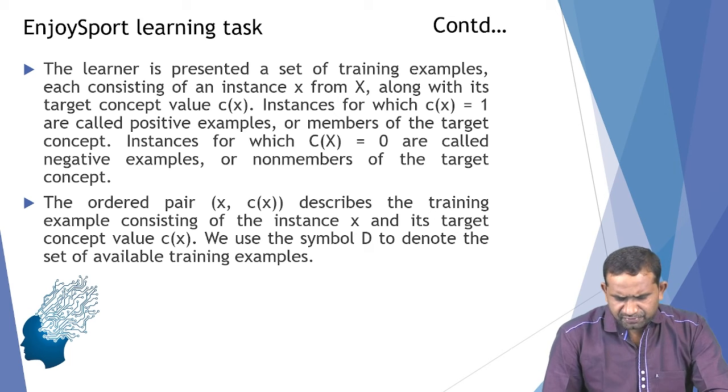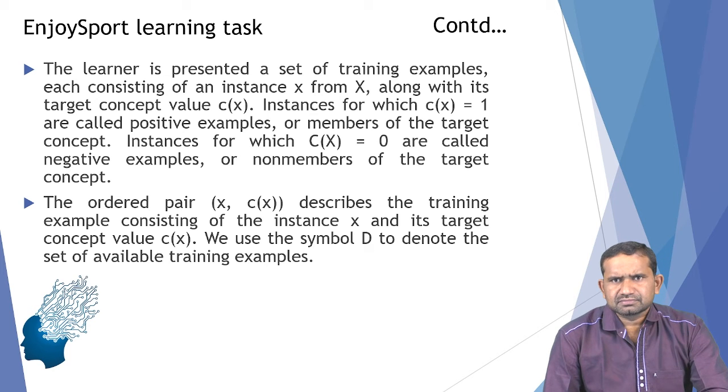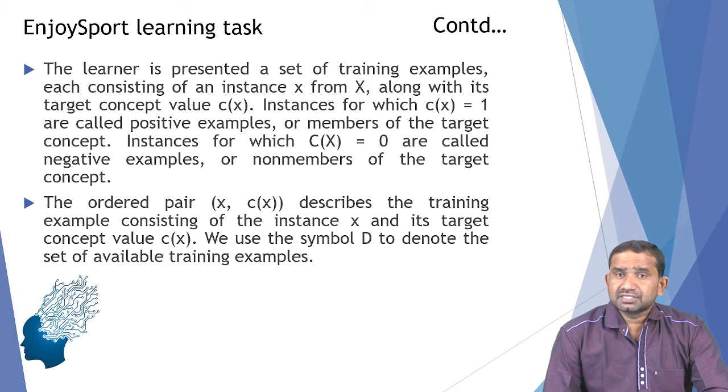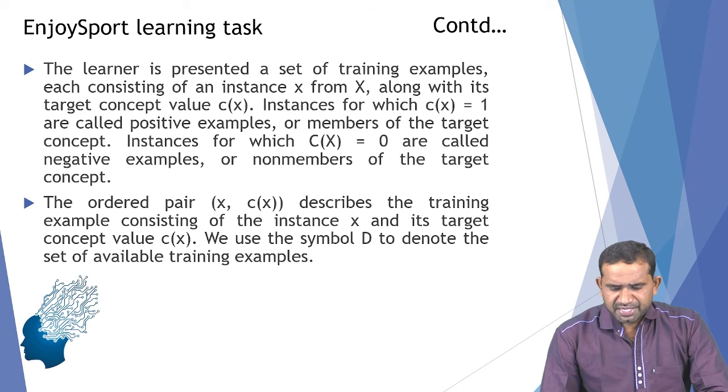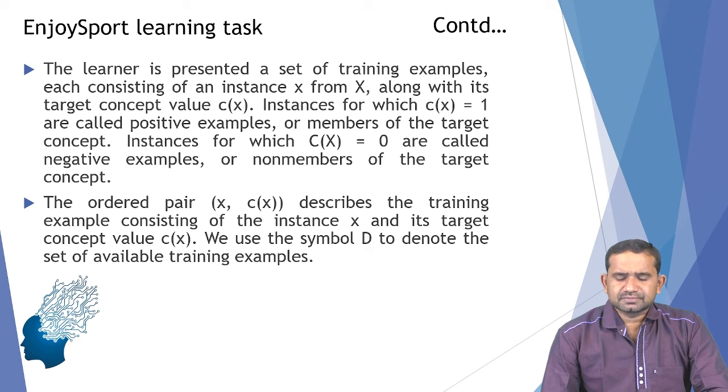In the pair x comma c of x, x is the attribute, whereas c of x is the target concept value. These describe the training example consisting of the instance x and its target concept value c of x.